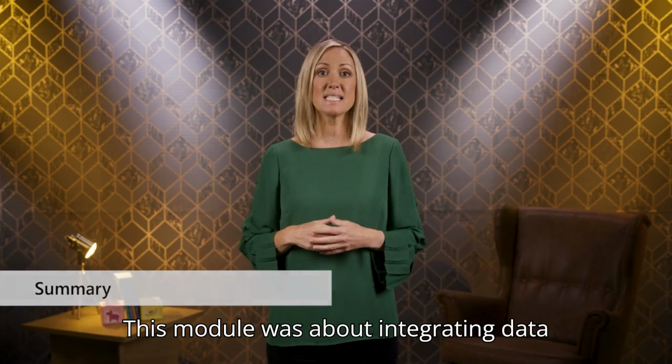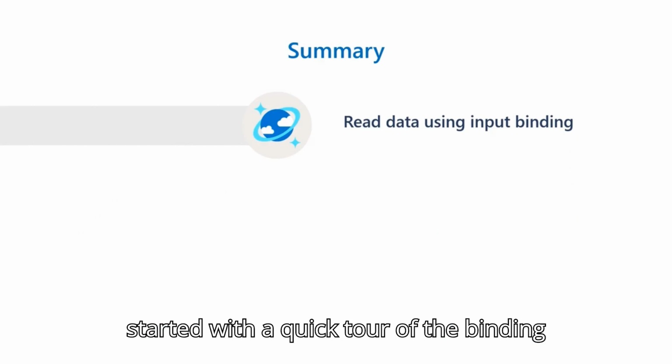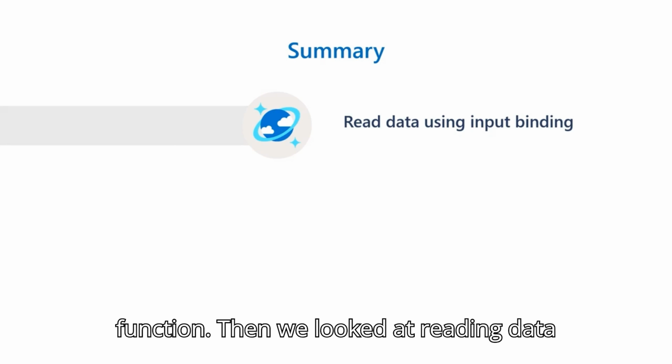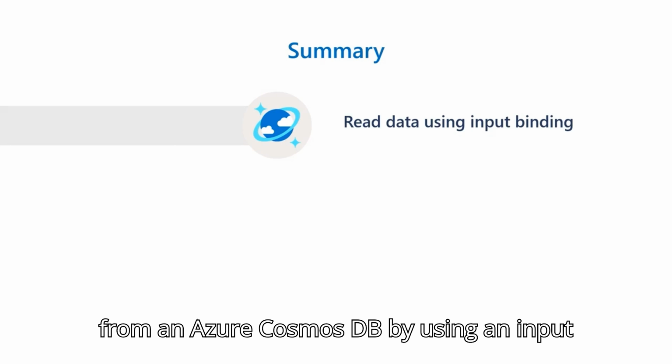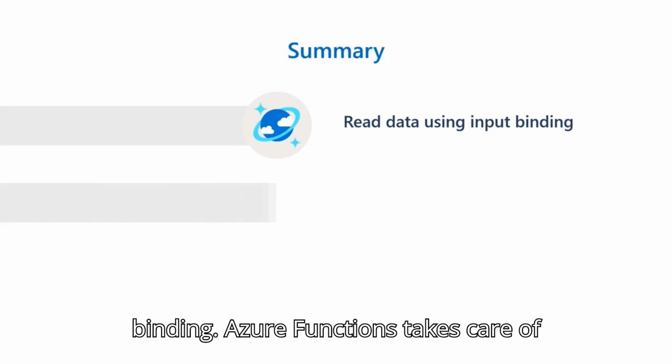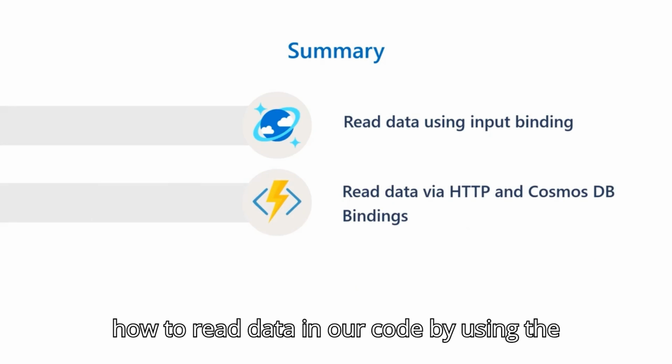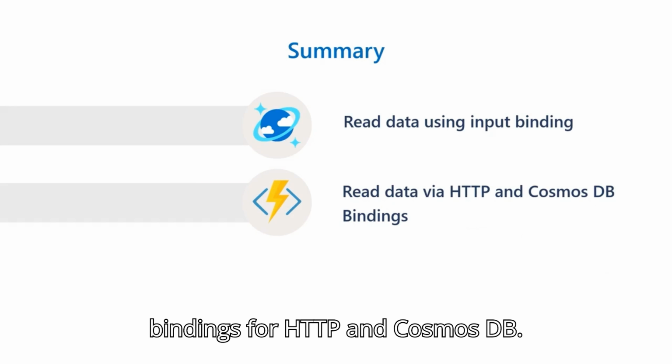This module was about integrating data and services into your functions. We started with a quick tour of the binding types that show up when you add them to a function. Then we looked at reading data from an Azure Cosmos DB by using an input binding. Azure Functions takes care of managing connection strings, and we saw how to read data in our code by using the bindings for HTTP and Cosmos DB.